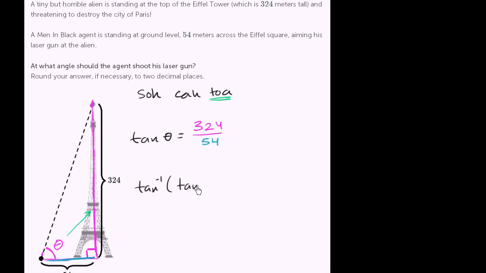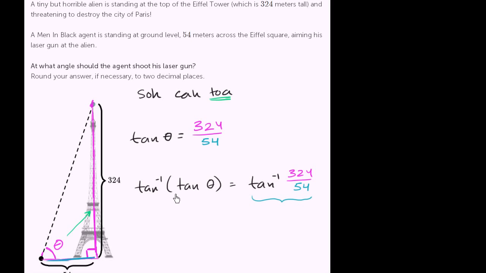So the inverse tangent of tangent of theta is going to be equal to the inverse tangent of 324 over 54. And just to be clear, what is this inverse tangent? This just literally says, this will return the angle that when I take the tangent of it gives me 324 over 54.